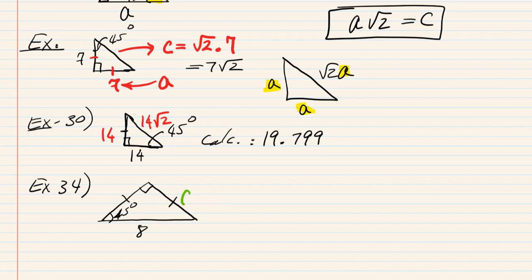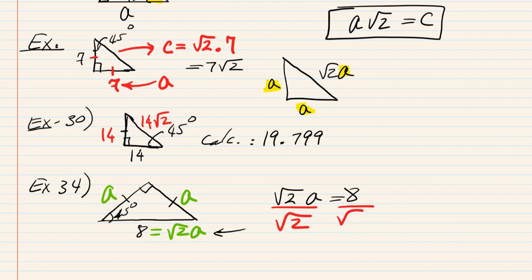So I'm going to call that A. Remember, hypotenuse is when you put root 2 times A, correct? So in fact, here we have an equation now. If root 2 times A is 8, can I solve for A? We can divide by square root of 2, couldn't we? And that would isolate A. There you go. So A is 8 divided by root 2.